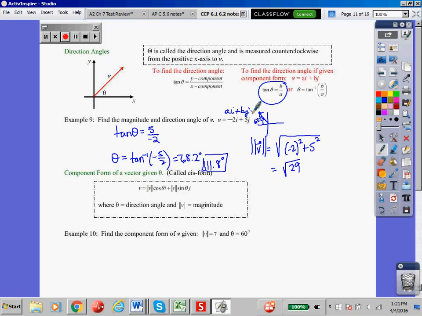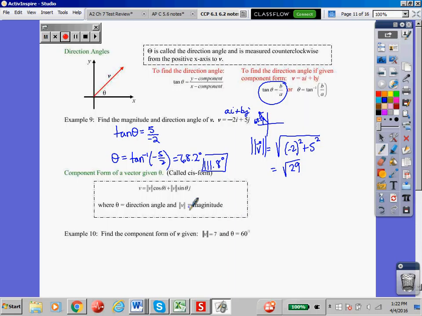All right, last thing. Component form of a vector given theta. This is called CIS form. And it looks like this. And again, it's unpleasant, but you'll have to memorize it. V equals the magnitude of V times cosine theta I plus magnitude of V sine theta J, where theta is the direction angle.